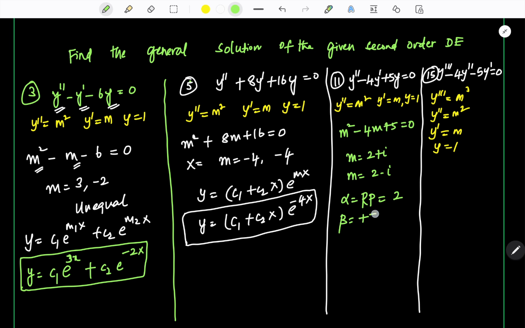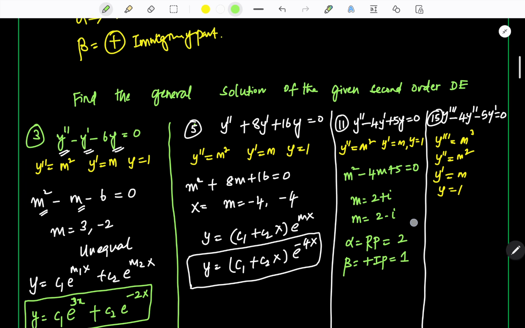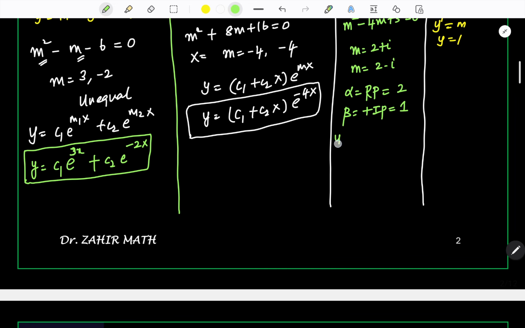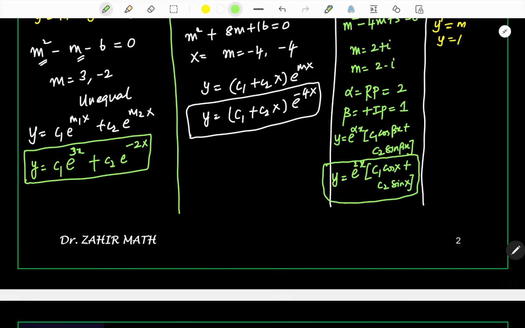Beta is equal to the positive imaginary part, which is plus 1. So y equals e power alpha x times c1 cos beta x plus c2 sin beta x, which is y equals e power 2x, bracket open, c1 cosine x plus c2 sin x. So this is your next answer.